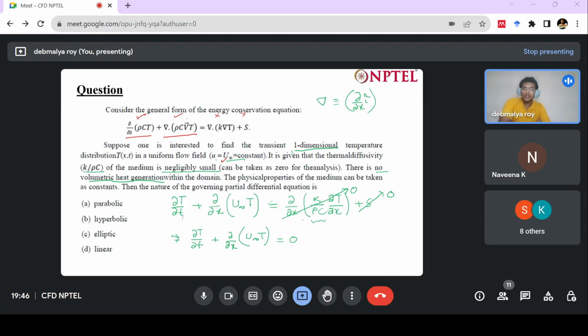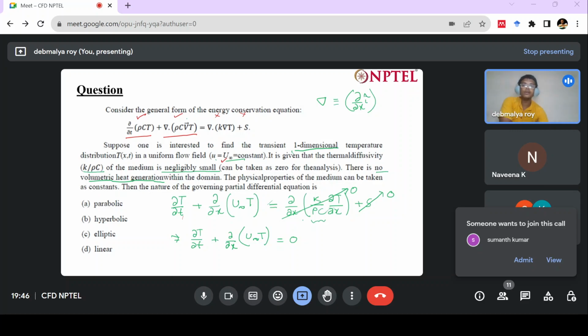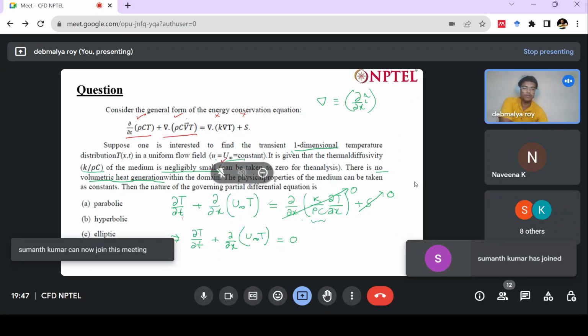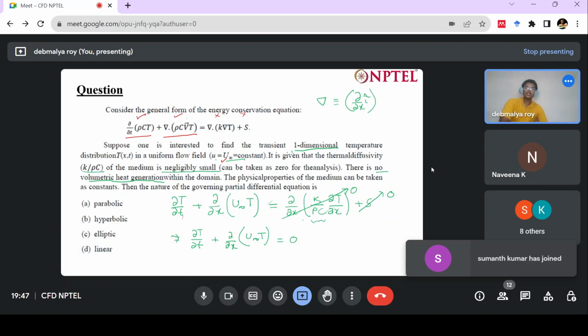Had this convective term been neglected and this diffusion term been prominent, we would have an elliptic equation, an equation which will be elliptic in space. Because what is the property of thermal diffusion?